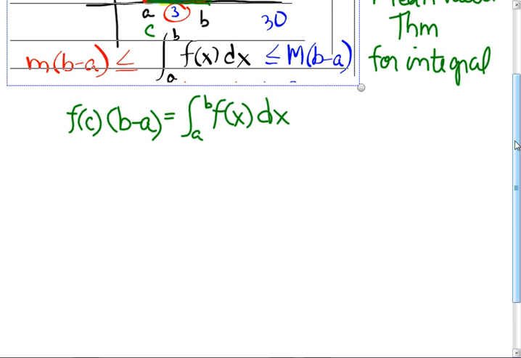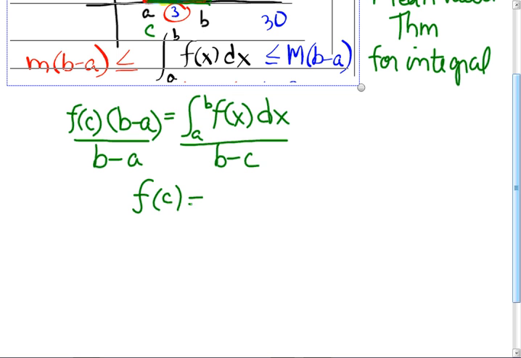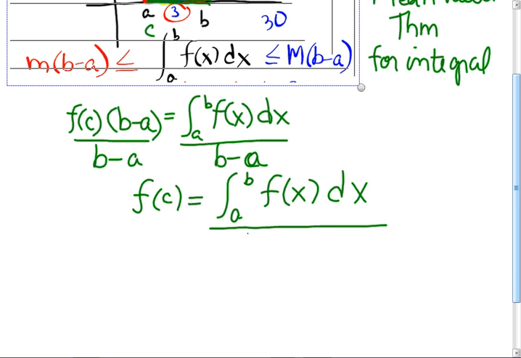So if I solve this equation for f of c by dividing by b minus a, this is the mean value theorem. I should have written b minus a, thank you. f of c equals the integral from a to b of f of x dx divided by b minus a. That's the mean value theorem for integrals.